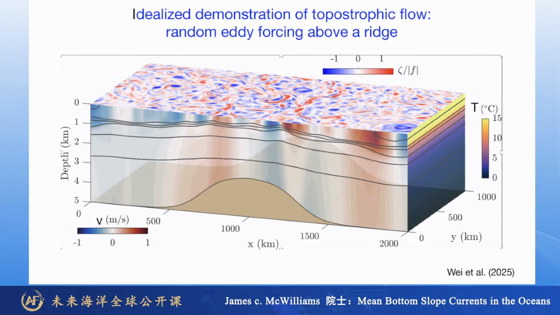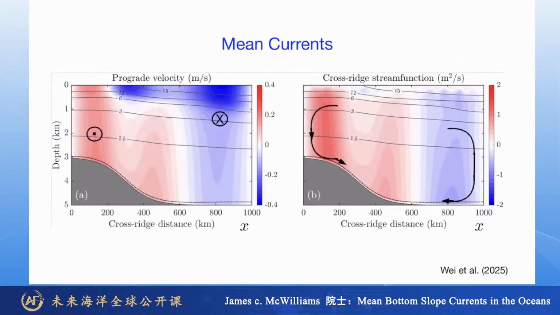The posing of this problem is statistically symmetric about the ridge top. That is, one can average both in time and in the along ridge direction. And if you do that, here are the mean currents. On the left is the prograde velocity component. Red is in the prograde direction. Blue is in the opposite direction.